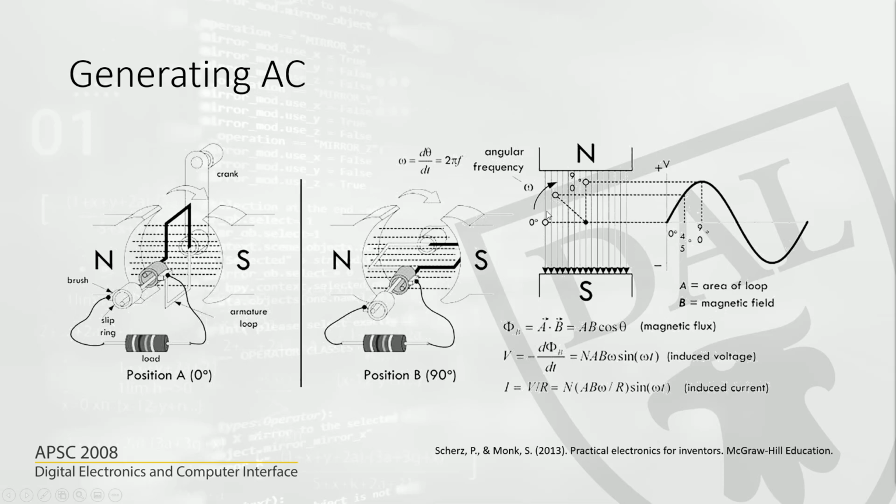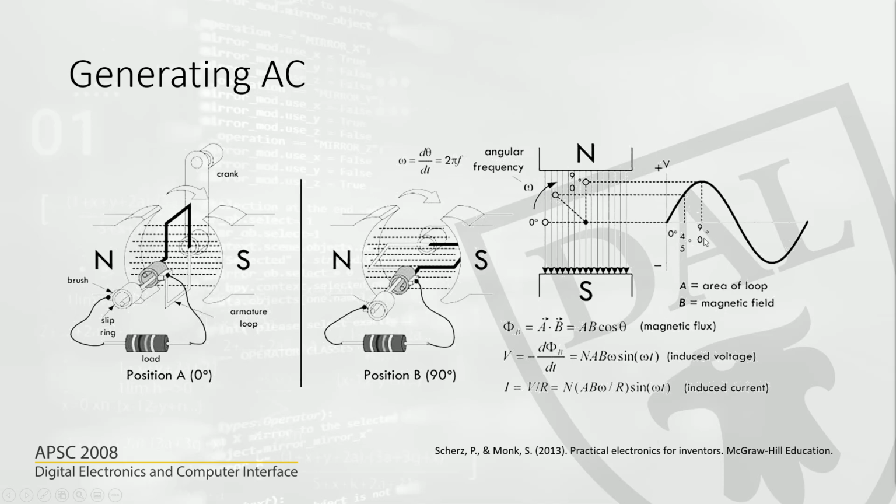So all the alternators we have, or like the generators we have, by the way, an alternating current producing generator is called an alternator. So that's why the generators in the cars are called alternators. All these machines have rotors that rotate with an angular frequency.